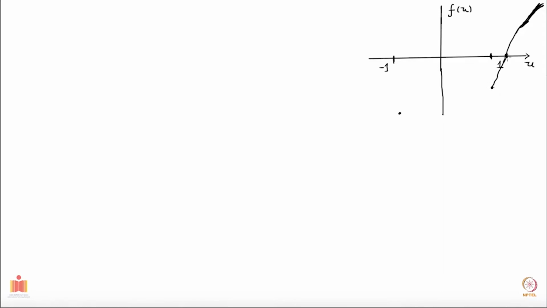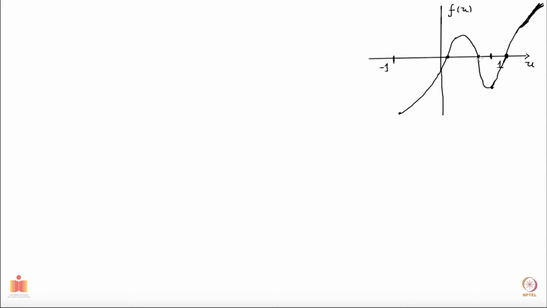So at this point it has crossed the horizontal axis where f of u equals 0. This is the first root. But then it has to become positive somewhere in the region, so it has to go up, and because it has to again go down to reach this point, I expect something of this sort. Which means I have 3 real roots.